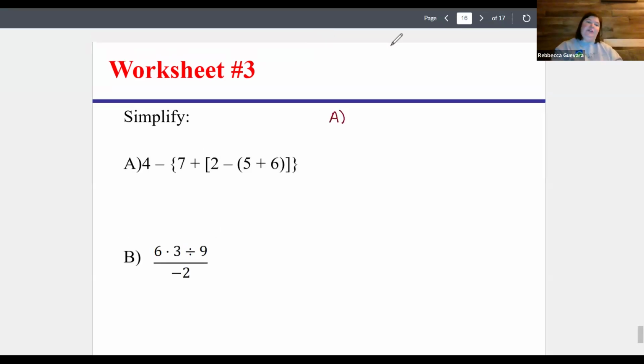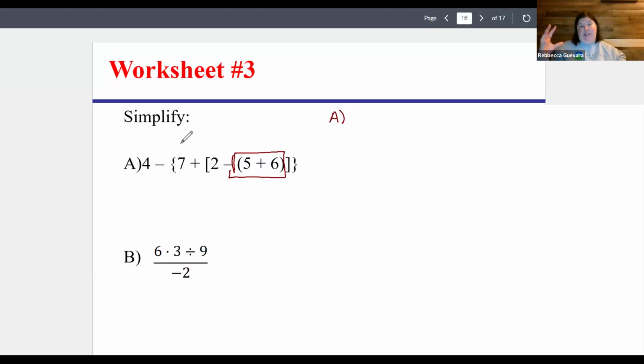Like I did earlier, I'll do A and then I'll do B, but hopefully I can keep it all on the same page here. Unlike last time, I won't have to erase it right away. Okay, so for A, like I said, we have to do those groupings. So we look for the innermost grouping first.